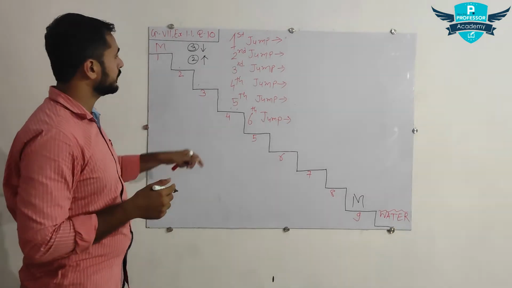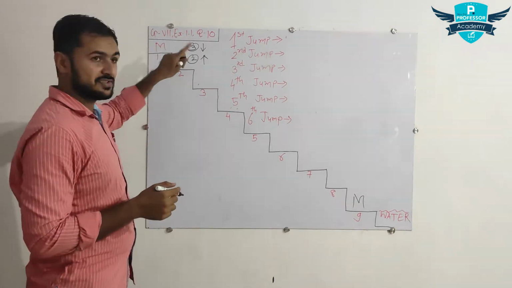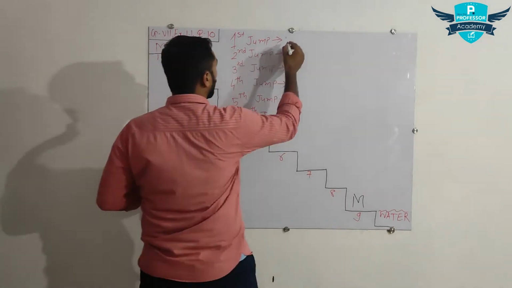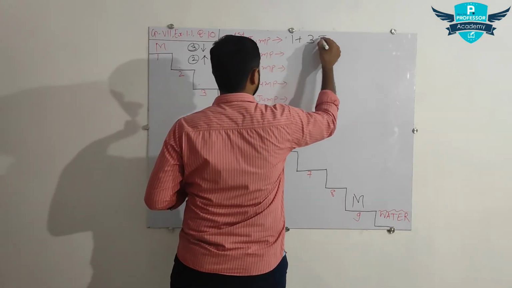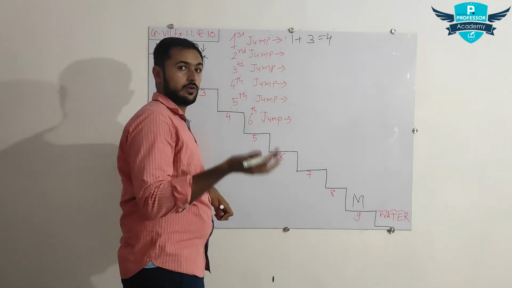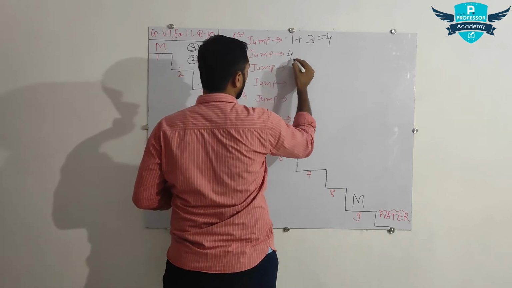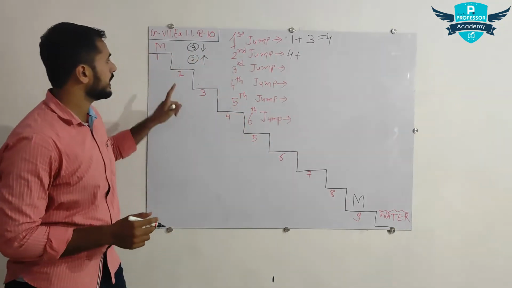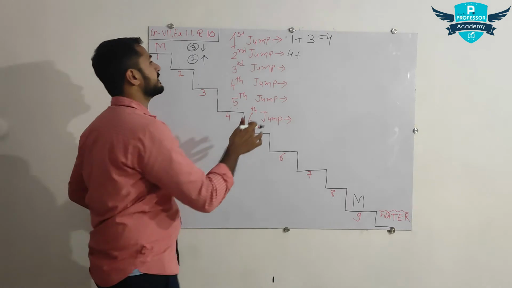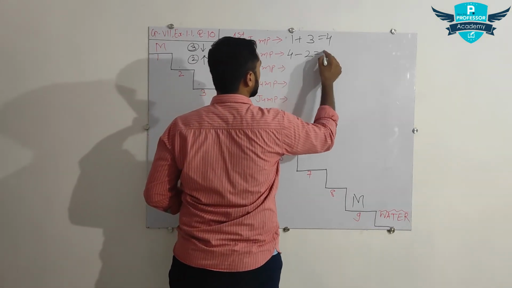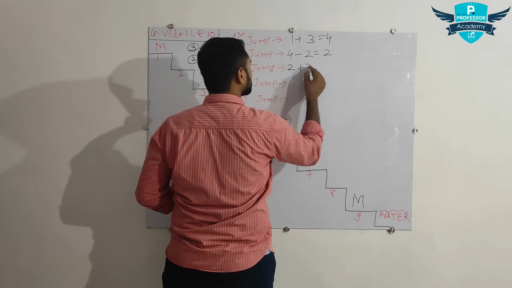If the monkey does the first jump, he will jump 3 steps downwards. Right now he is on the first step, so 1 plus 3 more steps, that is 4. Now the second jump: right now he is on 4th, and he will jump 2 steps upwards. It means we will subtract. So 4 minus 2, that is 2. Again 2 plus 3, same process.